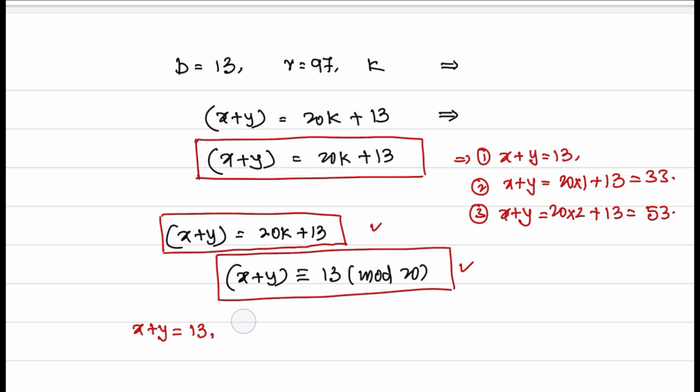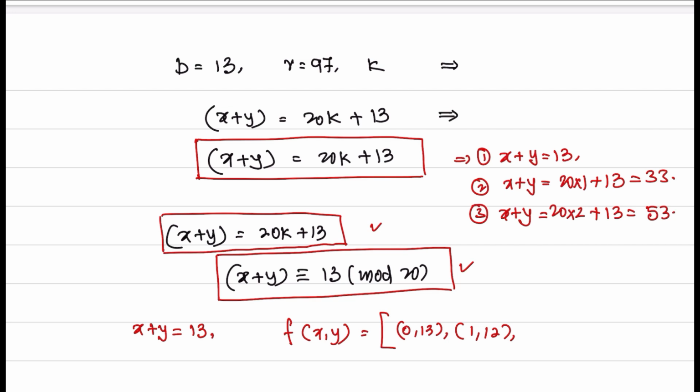We can write the pairs as x plus y is equal to 13. The pairs (x, y) are (0, 13), (1, 12). The values of x and y can vary.